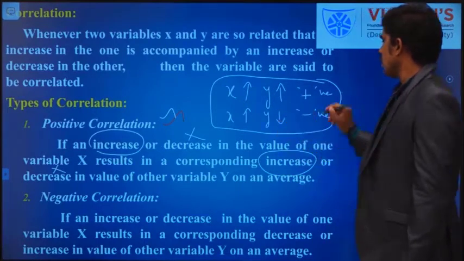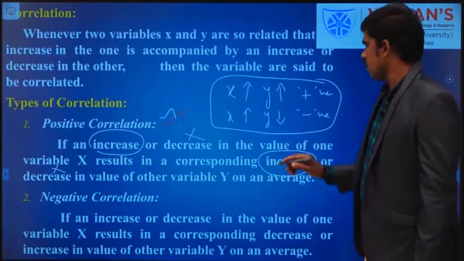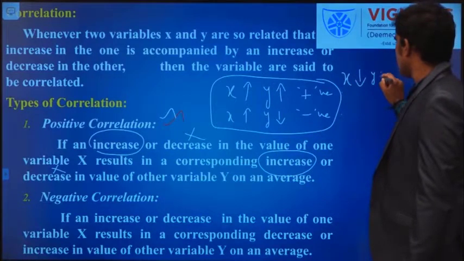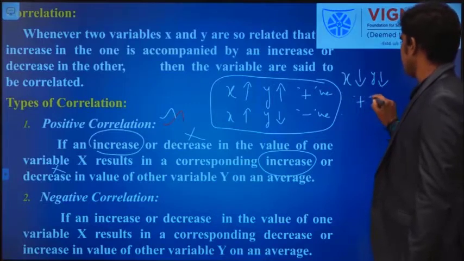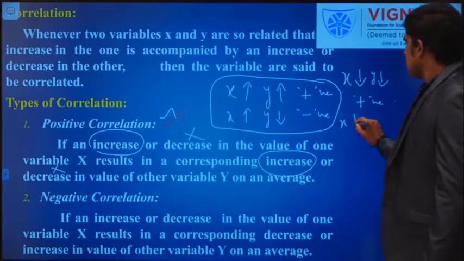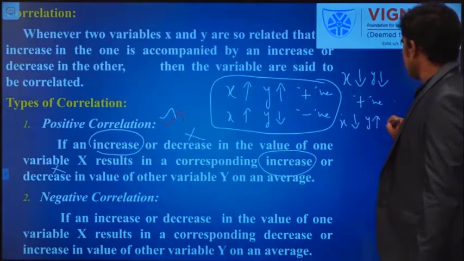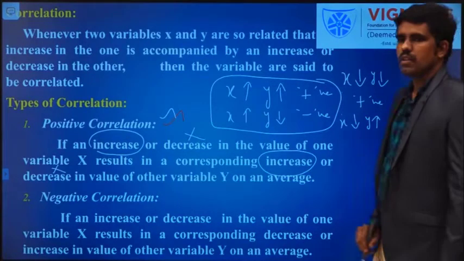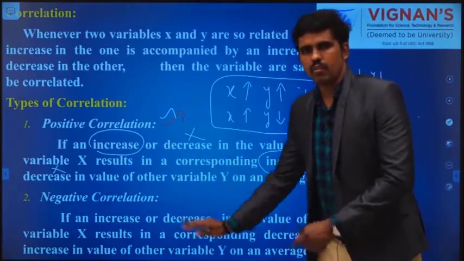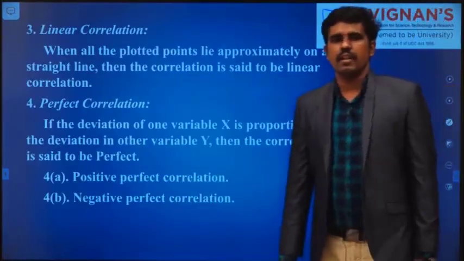When x is increasing, y is decreasing means negative. What about this one? X decreasing, y also decreasing means also positive, right? X decreasing, y increasing means negative. Okay, so positive correlation, negative correlation, then linear correlation.